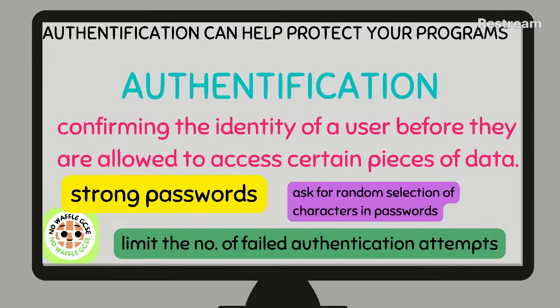Okay, now you've also got authentication, which can also help protect your program. So authentication, if you're asked to define it, means confirming the identity of a user before they are allowed access to certain pieces of data.